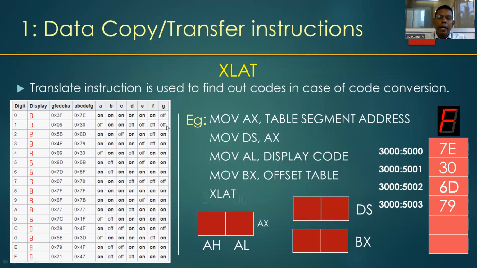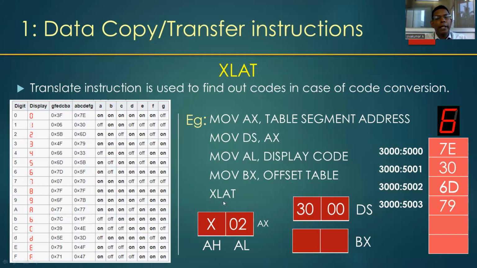For example, previously AX contains 3000. That is the table segment address, which will be moved to the data segment. After that, the display code will be 2. What is the corresponding code of 2? The corresponding code of 2 will be 6D.